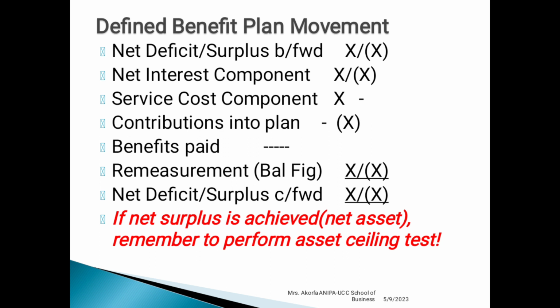So actually, this is the format that we have to take note of. The defined benefit plan movements. We start with the net deficit or surplus brought forward. If it's a deficit, we put that in a bracket, and if it's a surplus, it is not in a bracket.